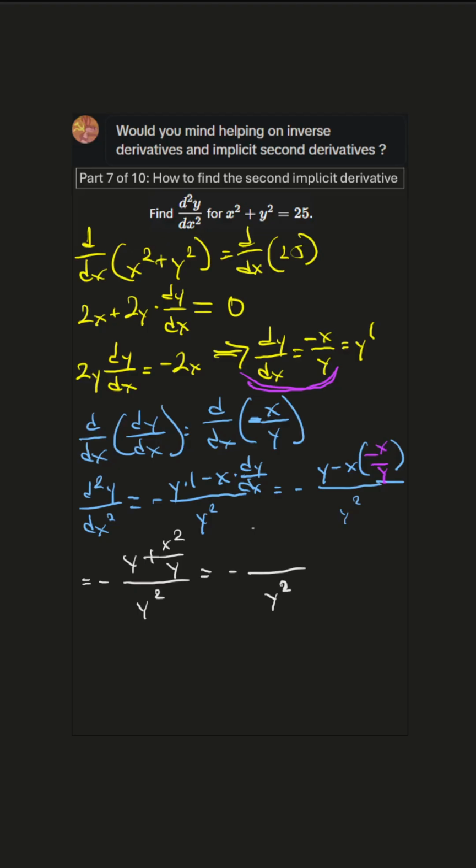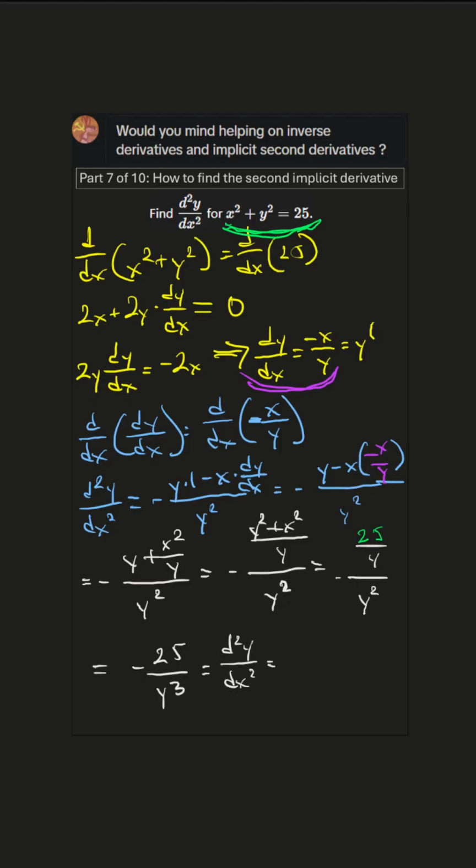So we'll get y squared plus x squared over y. And now notice that we are given that x squared plus y squared equals 25. So we can use that. We could say 25 over y squared. And now finally we have negative 25 over y cubed equals d squared y over dx squared, which is the second implicit derivative, y double prime.